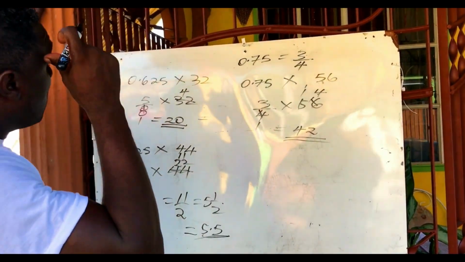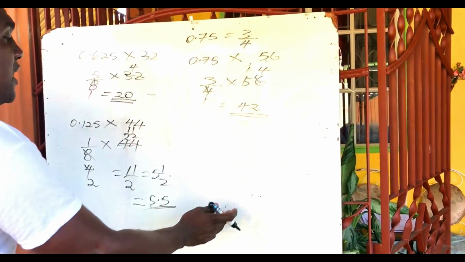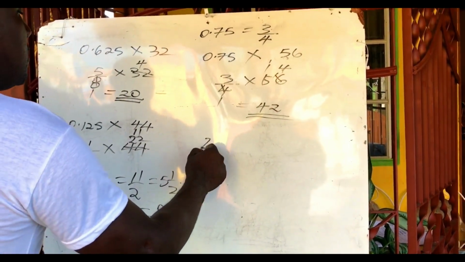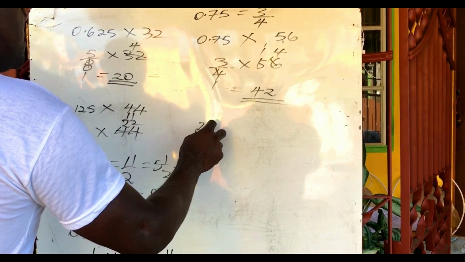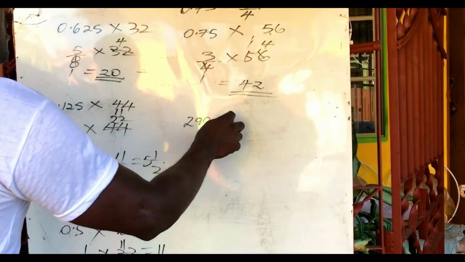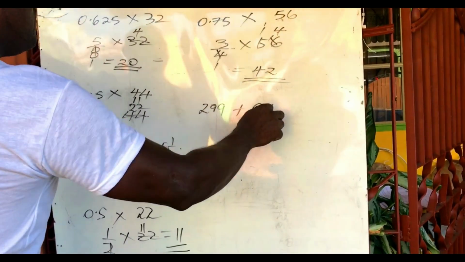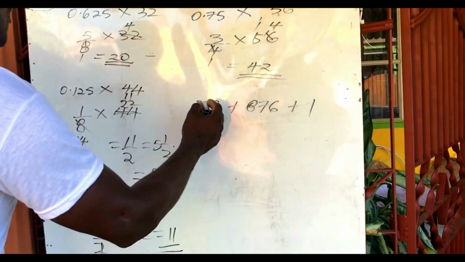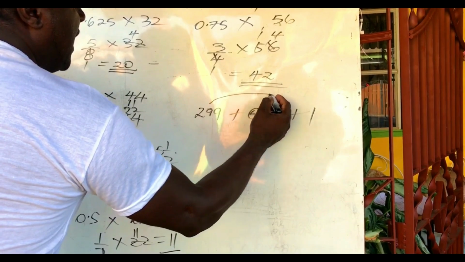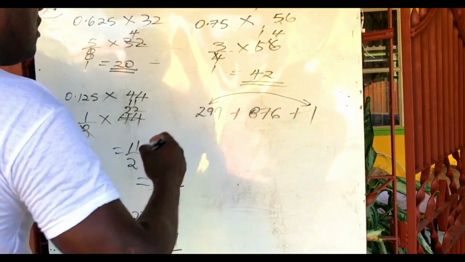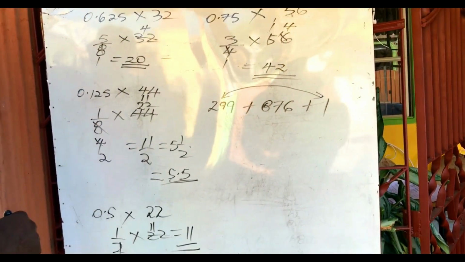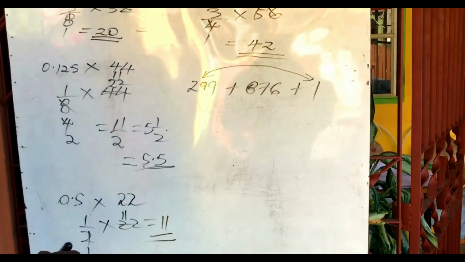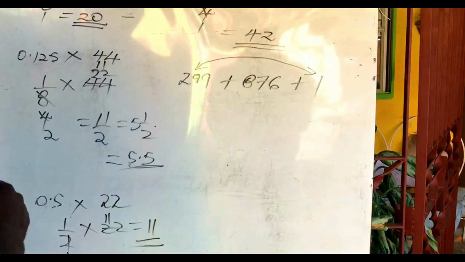Now, what if you get a problem, say 299 to be added to 876 to be added to 1? What we can do is to utilize the commutative law for addition, in which the order in which we add numbers together does not affect the sum.